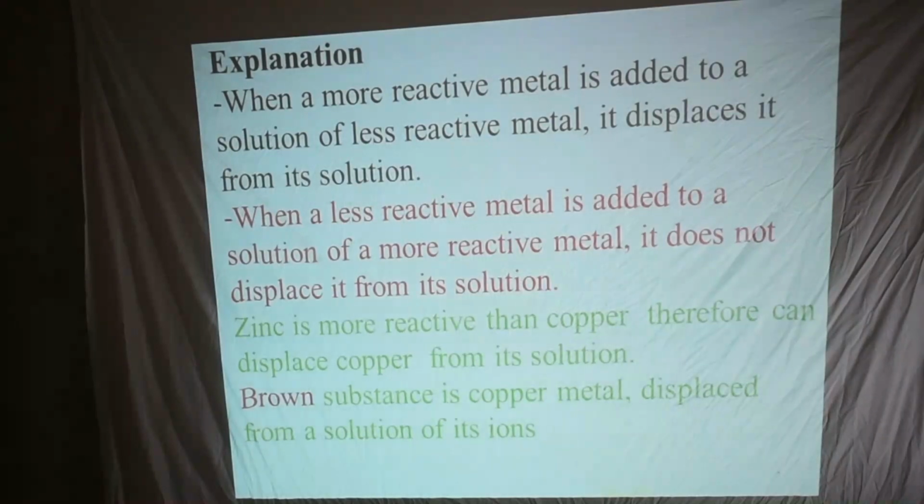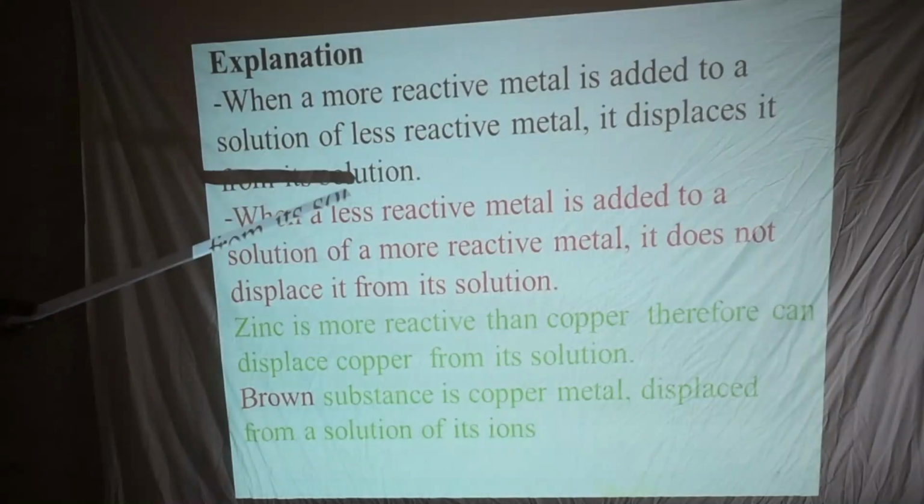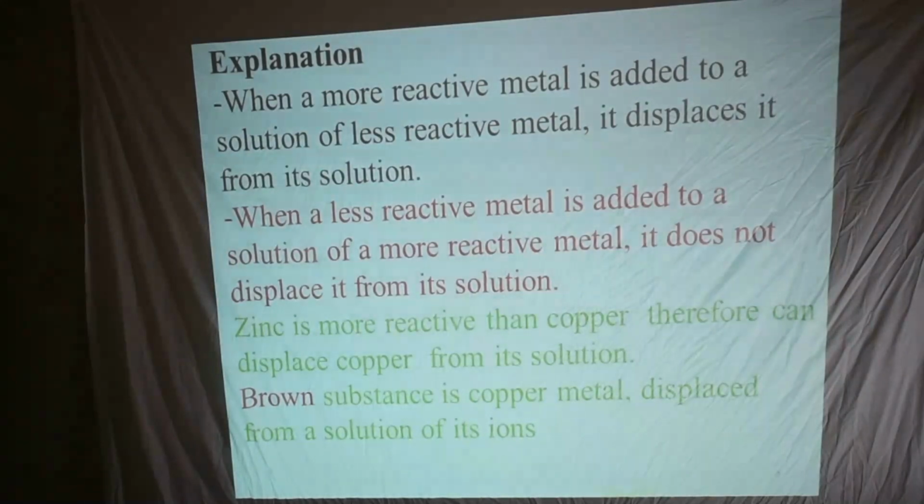We are saying when a more reactive metal is added to a solution of a less reactive metal, it displaces it from its solution. I hope you still remember what you learned in Form 1, that we have metals which are more reactive, and we have those which are less reactive.